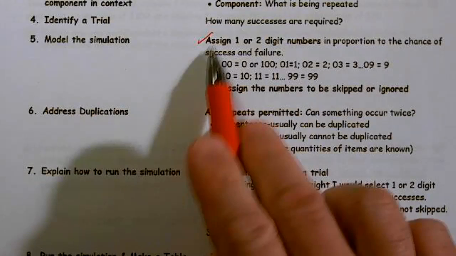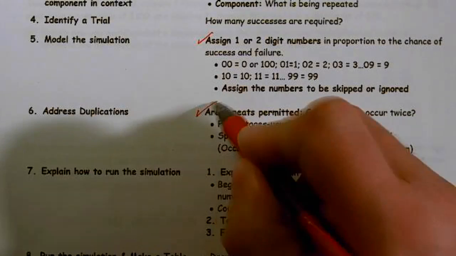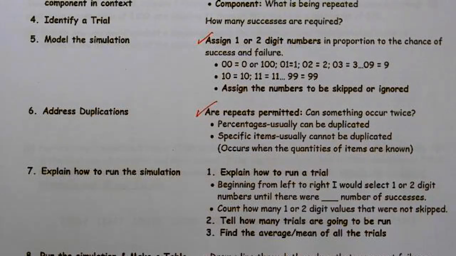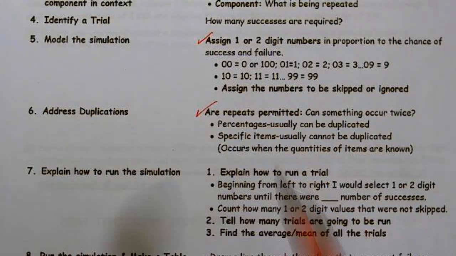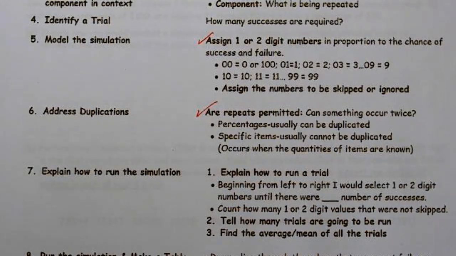That's something we have to write down. We need to address duplicates, whether they're permitted or not, and you can call them repeats or duplicates. Either one is fine. Once again, percentages usually can be duplicated. And generally speaking, if we're talking about people, they can't be selected twice. So when it comes to selecting people, generally speaking, they cannot be duplicated. But it depends on the problem, so make sure you read it carefully.